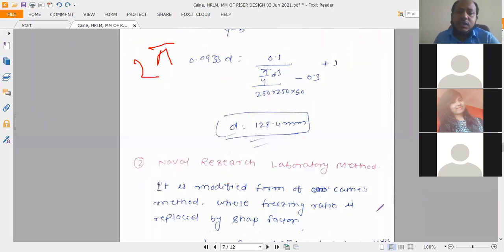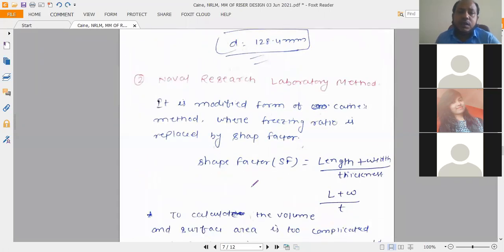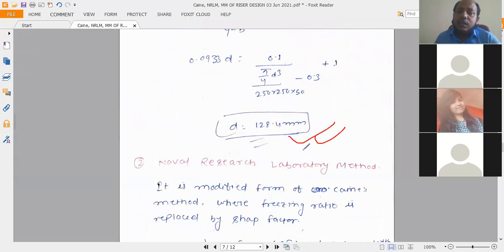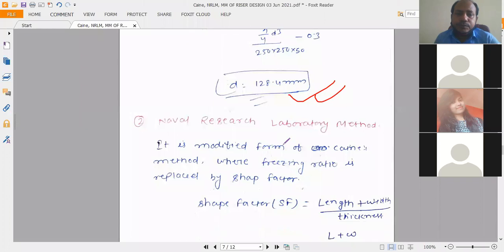Let us check, ये हम ऊपर में दिखा चुके हैं साइड राइजर के केस में. So it will come 12.8 centimeter or 128.4 mm. Once you have calculated, then you talk to me.